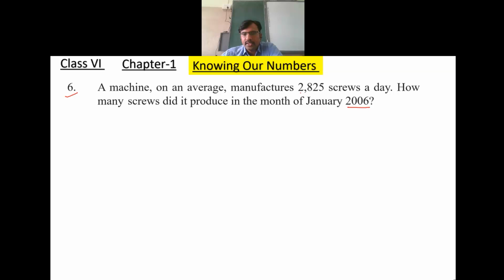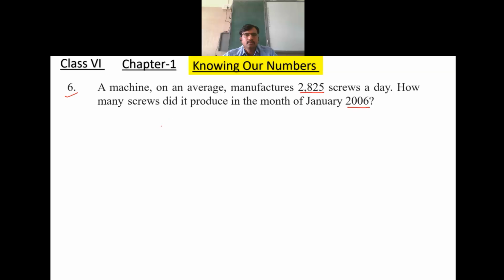In a day, it is producing 2,825. In the month of January, how many days are there? The number of days in the month of January is to be multiplied with the number of screws per day.